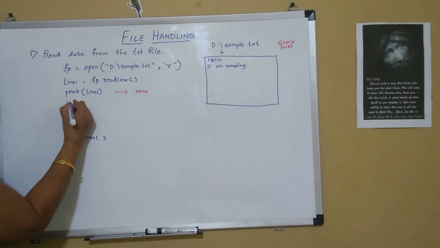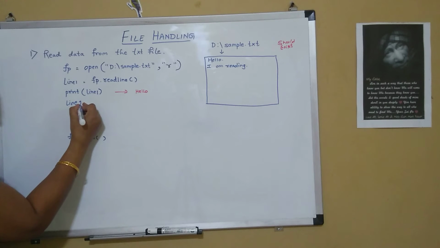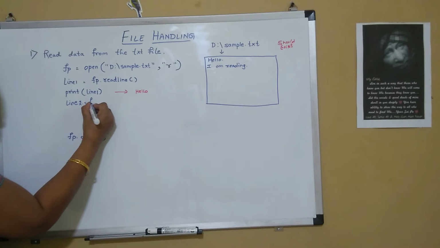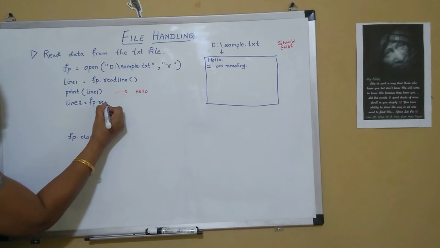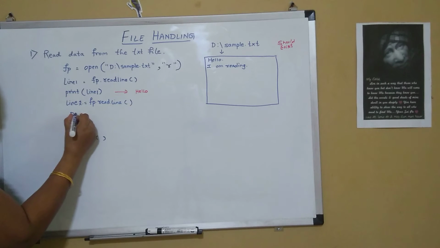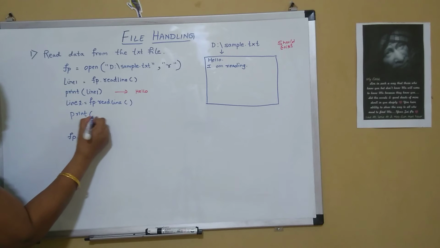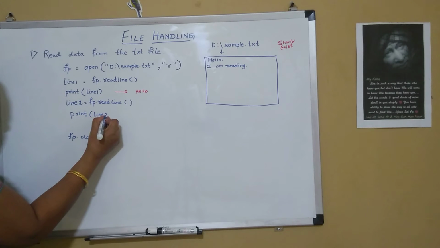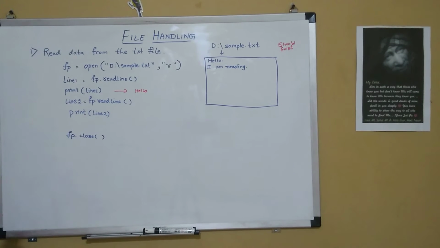And if I say line2 equal to fp.readline, and if I say print line2, what will happen in this case?